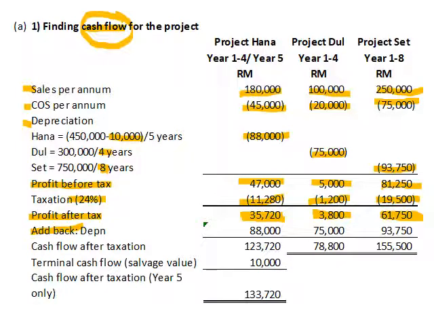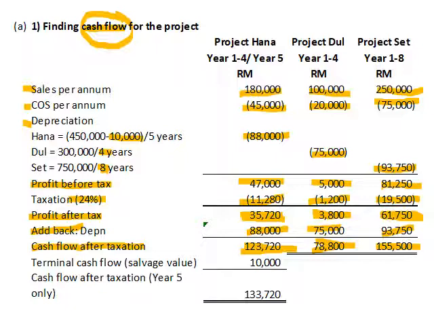So add back, because depreciation is a non-cash item. So you will get cash flow after tax. So that is 1,237,20, 78,800, 155,500.